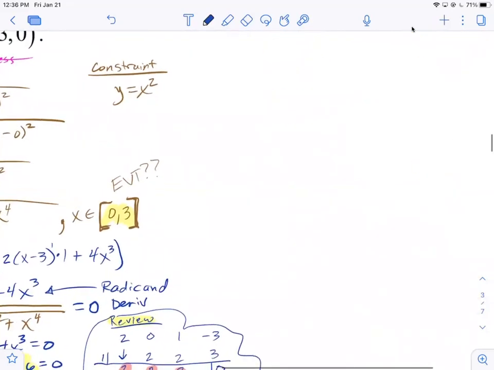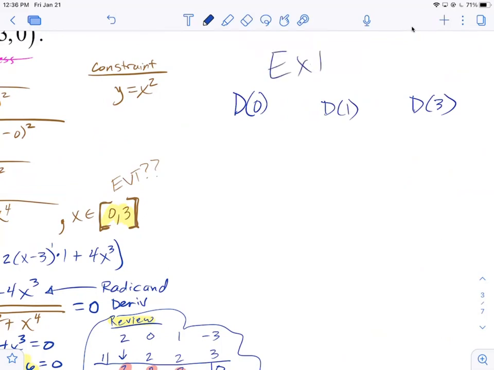Now we play the game. What is the distance at 0? What is the distance at 3? And what is the distance at 1, our critical value? This is the game called Extrema. Who's going to win? Which two contestants leave with a broken toaster?